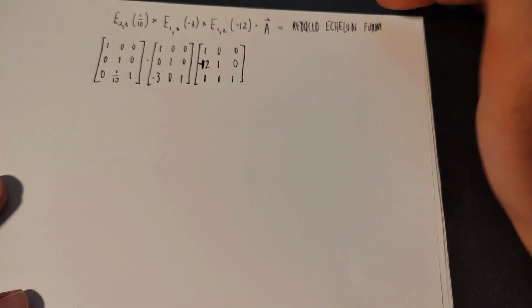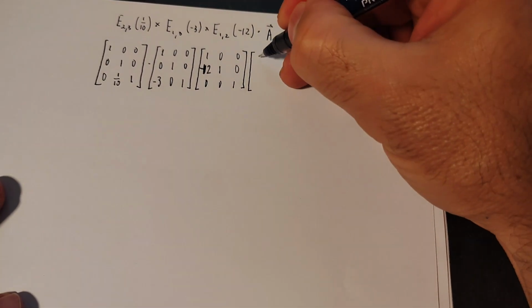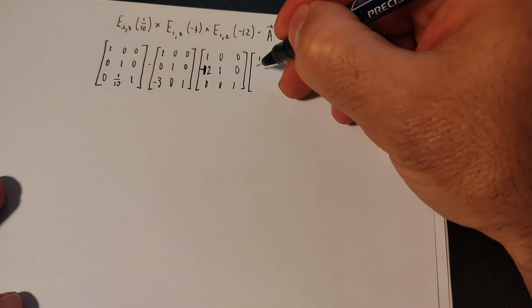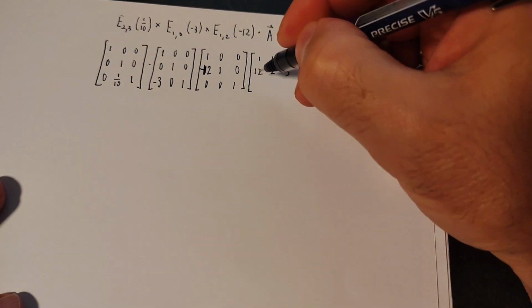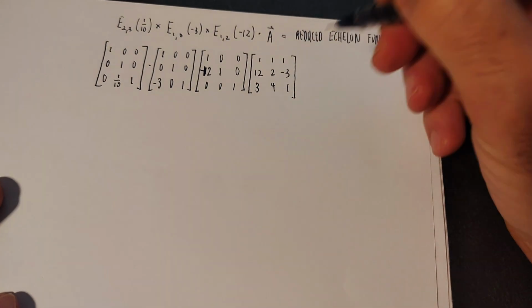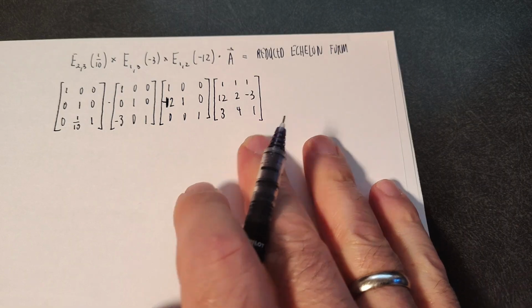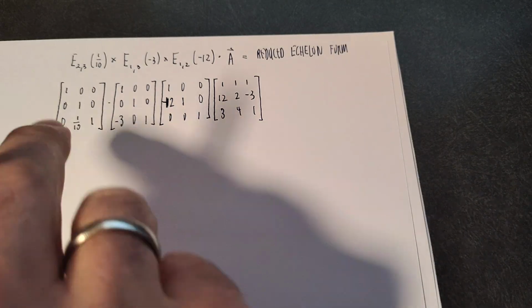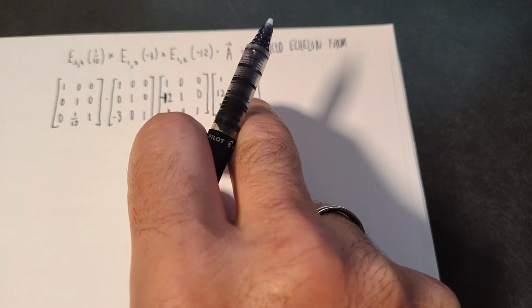My apologies. And then times our matrix A, right, which was 1, 1, 1, 12, 2, negative 3, 3, 4, and 1. And if we were to actually go through those operations, it's simple, we can just go this one times that one, and take the result of that, multiply it by that one, take the result of that, multiply it by that one.